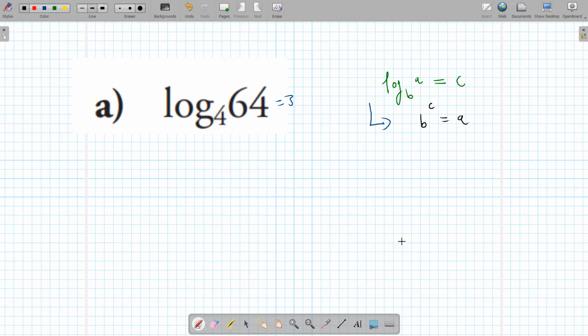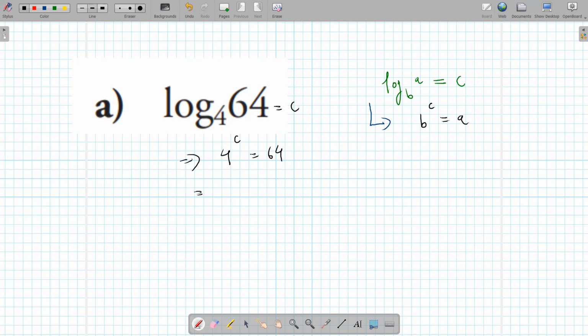Okay, that's the formula. Using this logic, let's say this entire thing is equal to some number c. Okay, now look at this. If we change this into an exponential equation, it's going to become 4 to the power of c equals 64. Do you see that?